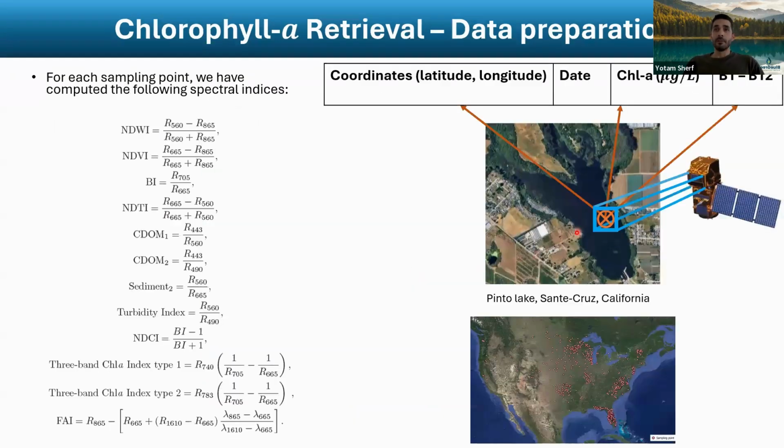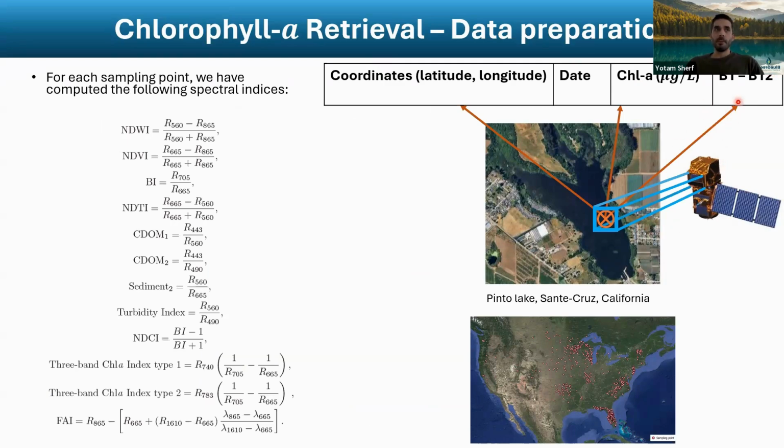The way to do this is, for each point in the USGS AquaMatch dataset, we have the coordinates, the date, and the chlorophyll-a value of the measured sample. For this point, we extracted the relevant indices and spectral bands from Sentinel-2.